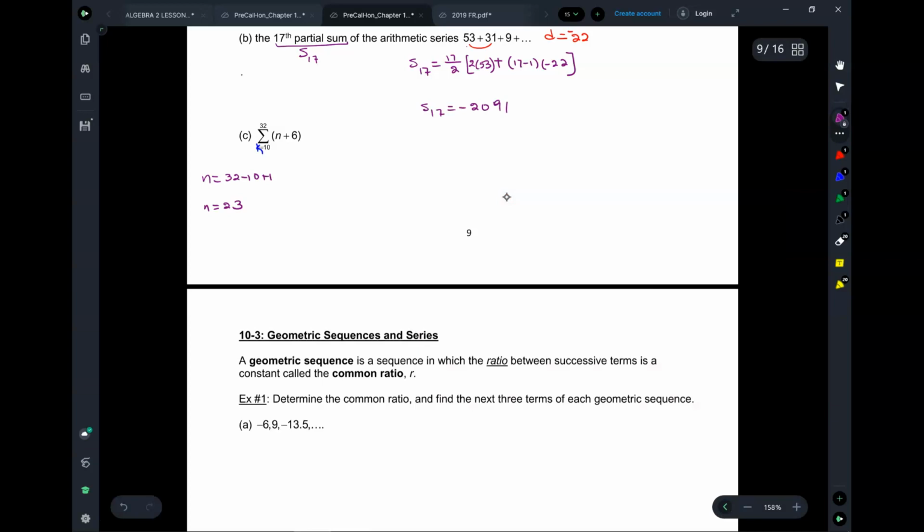So that's n. What do we need for the formula? The first term is a sub 10, which is equal to 10 plus 6, 16. The last term is a sub n, which is a sub 32.